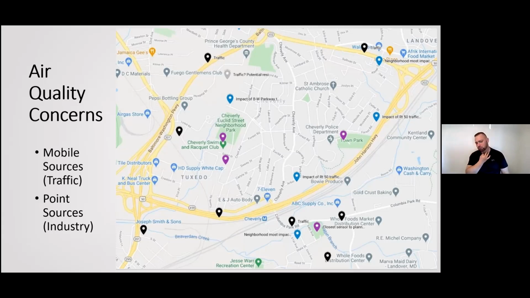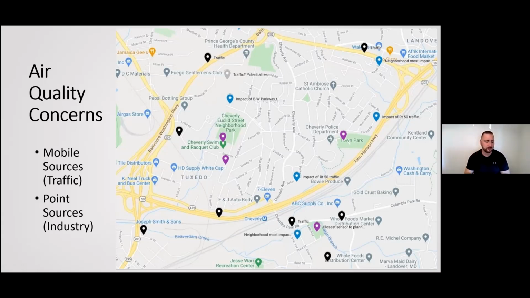As scientists, as academics, what tools do we have at our disposal to see what air quality is like in Cheverly? What kind of existing monitoring framework is there to tell us what's going on in Cheverly?